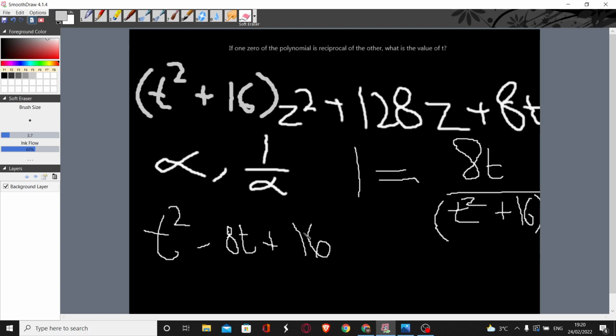Now, if you don't already know, this is a perfect square because 16 is a perfect square and t squared is a perfect square.